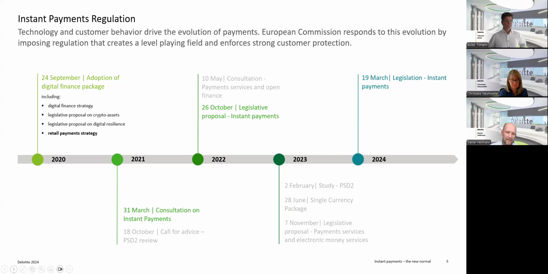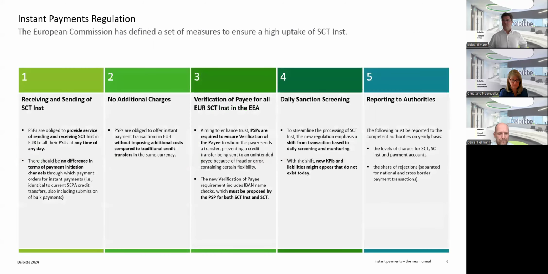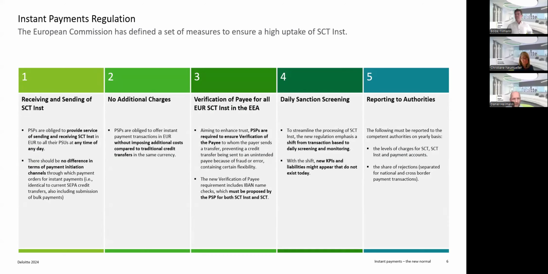With a look on the next slide, we highlight the main topics and challenges that come along with the instant payment regulation, and for the sake of time, we need to highlight only the most important topics here, and we will not dive into that much detail when it comes to non-EU situations and so on, or non-euro situations.